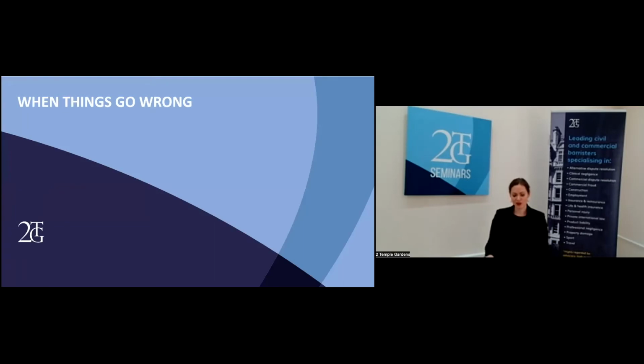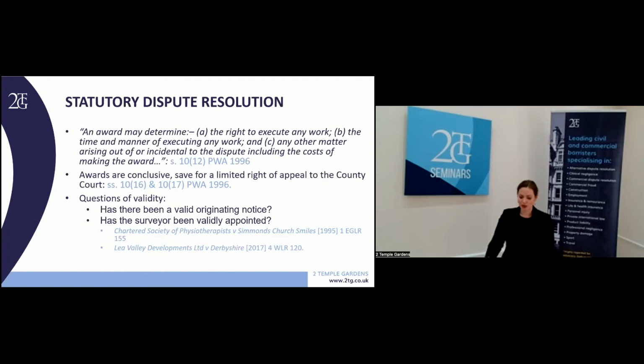So on to the lawyer's favourite topic: what happens when things go wrong? Now, when a dispute arises within the Party Walls Act regime, whether that's a refusal by the adjoining owner to provide consent for the works, or a disagreement about their scope, or about the cost of making good damage, then that dispute will be resolved by a surveyor or surveyors, following the procedure set out in Section 10 of the Act.